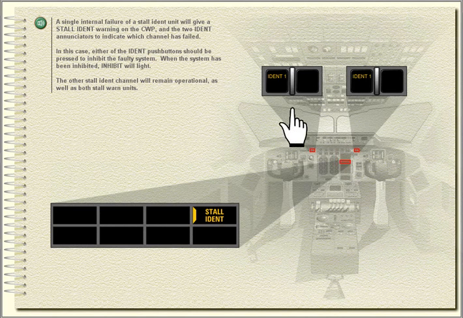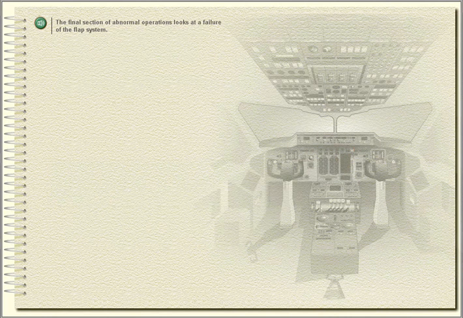When the system has been inhibited, inhibit will light. The other stall identification channel will remain operational, as well as both stall warn units. The final section of abnormal operations looks at a failure of the flap system.